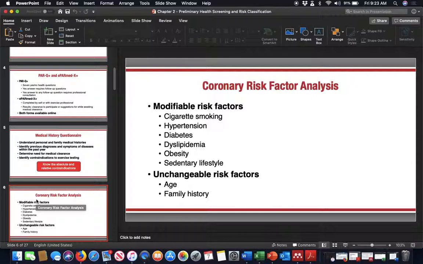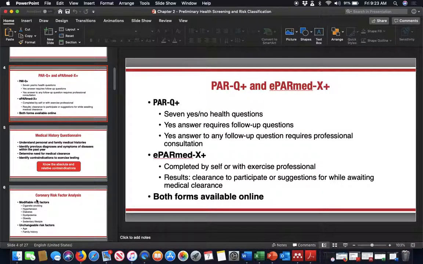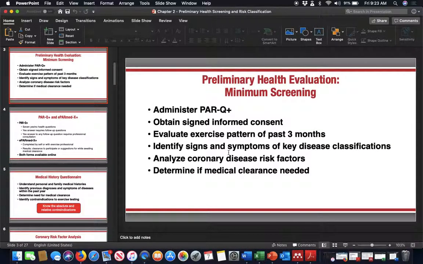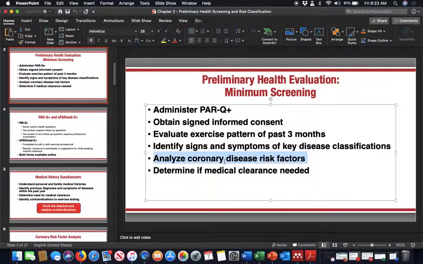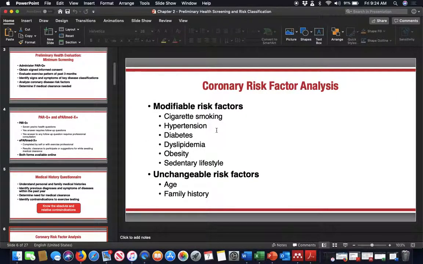So when we talk about, if you look right here, this part, analyze coronary disease risk factors. When we go back to here, these are things that we can control versus uncontrol. So modifiable, we're talking about cigarette smoking, hypertension, high blood pressure, and diabetes, particularly type 2, just because that's usually adult onset, but obviously don't underestimate type 1.